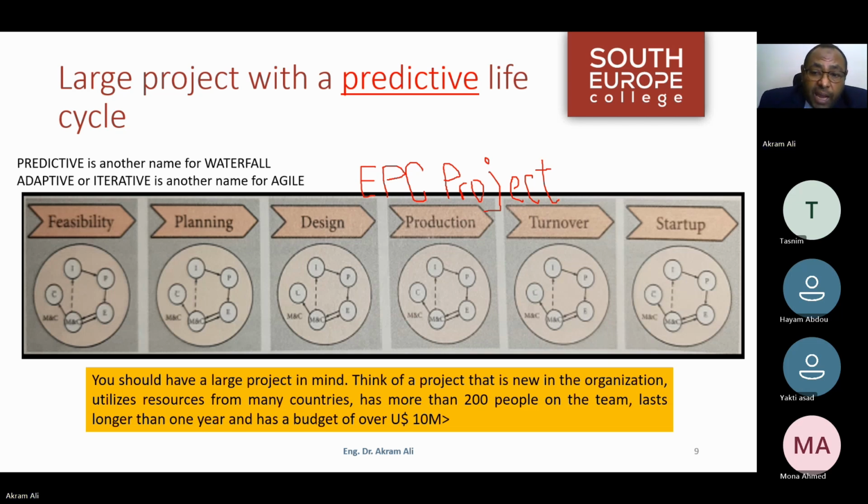Actually, before the detailed design itself, we always have a phase we call FEED design, front-end engineering design. I will do FEED design right after feasibility, before planning.